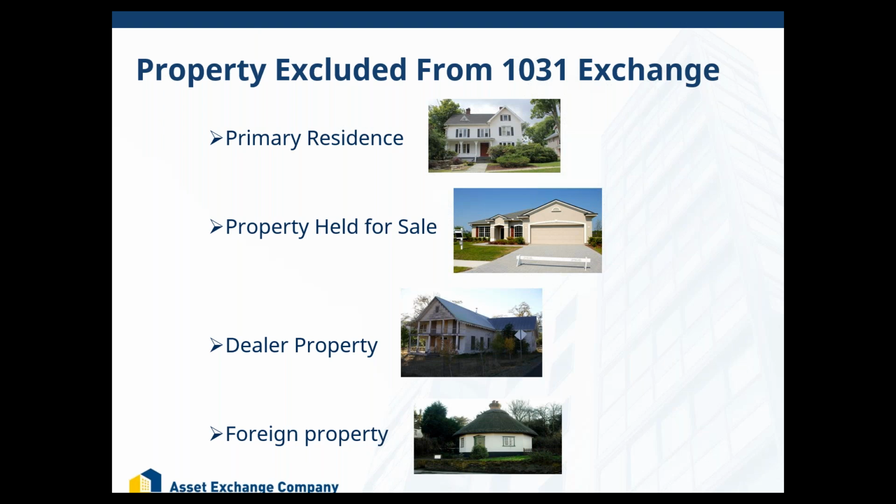Now, what type of property is excluded from 1031 exchange? Well, your primary residence, your primary home, you cannot do a 1031 exchange on your primary home. The good news for your primary residence, you may qualify for what they refer to as a Section 121.